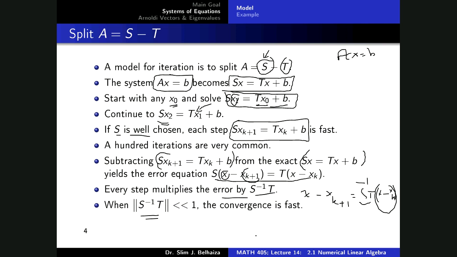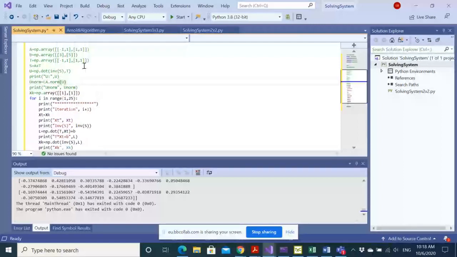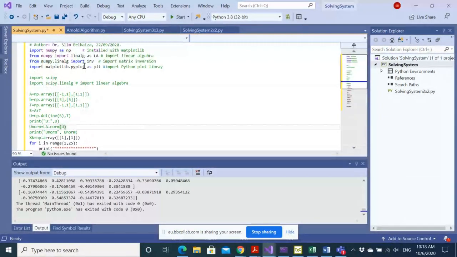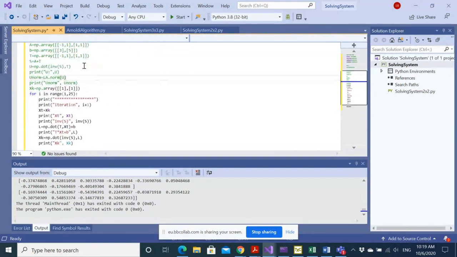Okay, so here we go. As you see here, I arranged to program this algorithm in a way that we could compute an easy solution to a given problem.